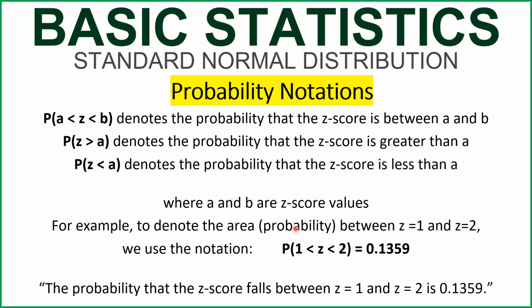So again, to denote the area or probability between 1 and 2, we use the notation probability where z is greater than 1 but less than 2.